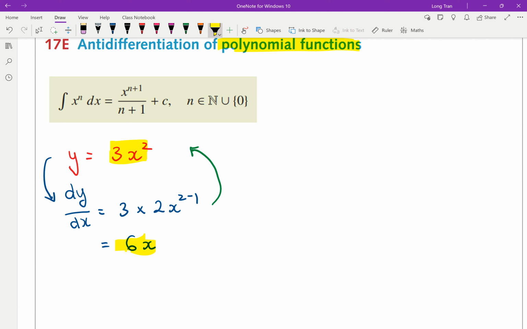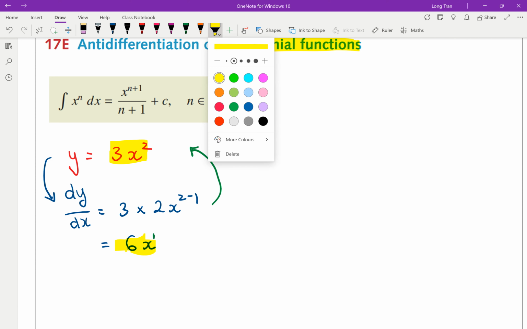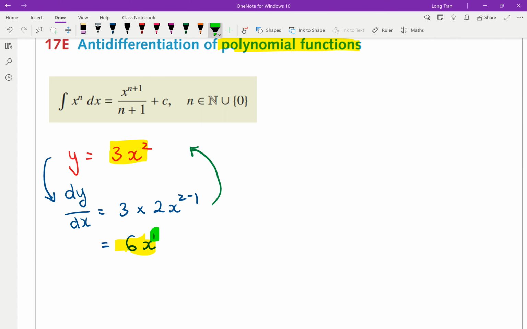The question is, right now the power is 1. How do I change a power of 1? Power of 1, I want to bring it back to 2, logically. The rule was 2 minus 1, that's how you got to 1. So if you want to go backwards now, instead of minusing 1, what would you do here? 1 plus 1. Makes sense.